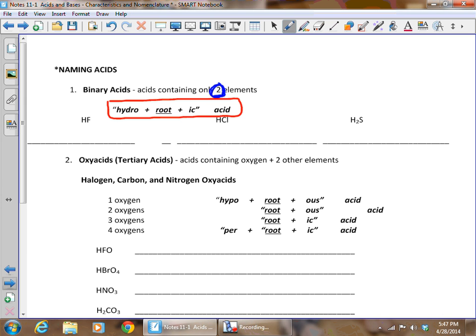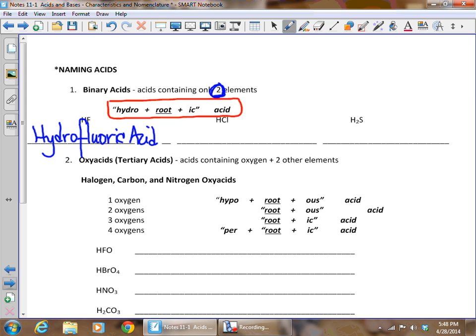So for instance, for HF, this would be hydro. It only has 2 elements, and one of them is hydrogen, so hydro starts it. Since it's fluorine, we're going to use the root, which is just the fluor part, and it's going to end in ic and acid at the end. So hydrofluoric acid.